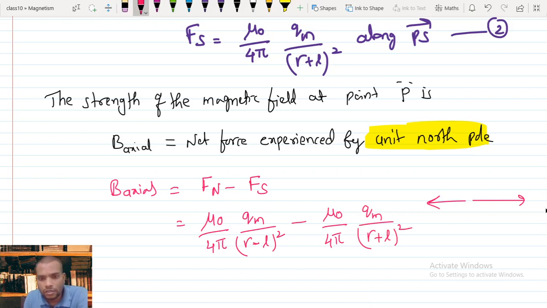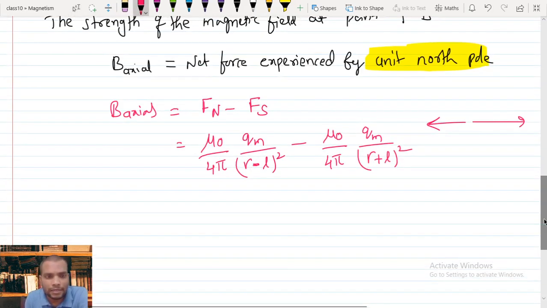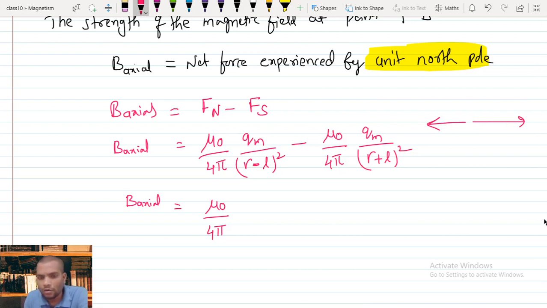We shall do further simplification here. Try to get the common factor. Therefore B axial, the magnetic field due to axial, equals: you can pull out the common factors. Mu naught upon 4 pi is common, and Qm is also common, and the remaining terms are 1 upon R minus L whole square minus 1 upon R plus L whole square.